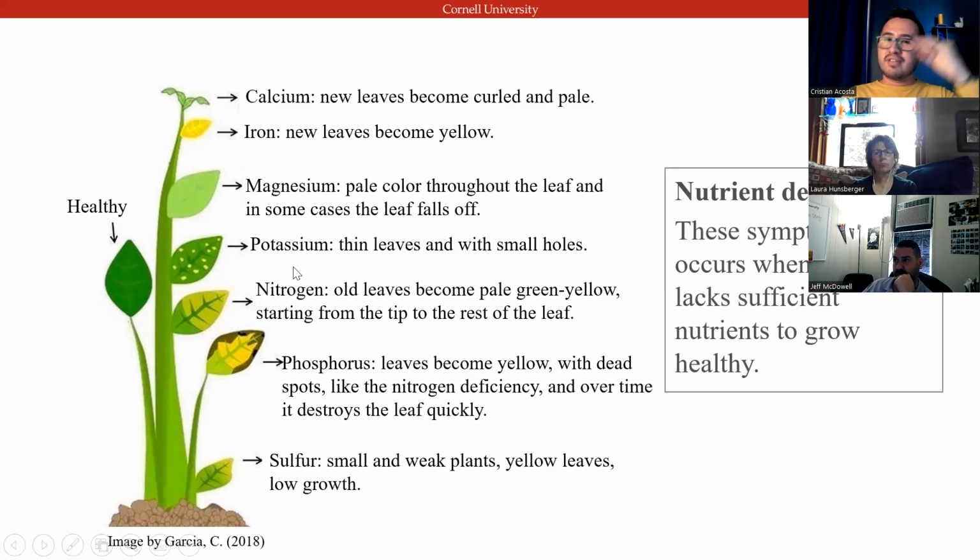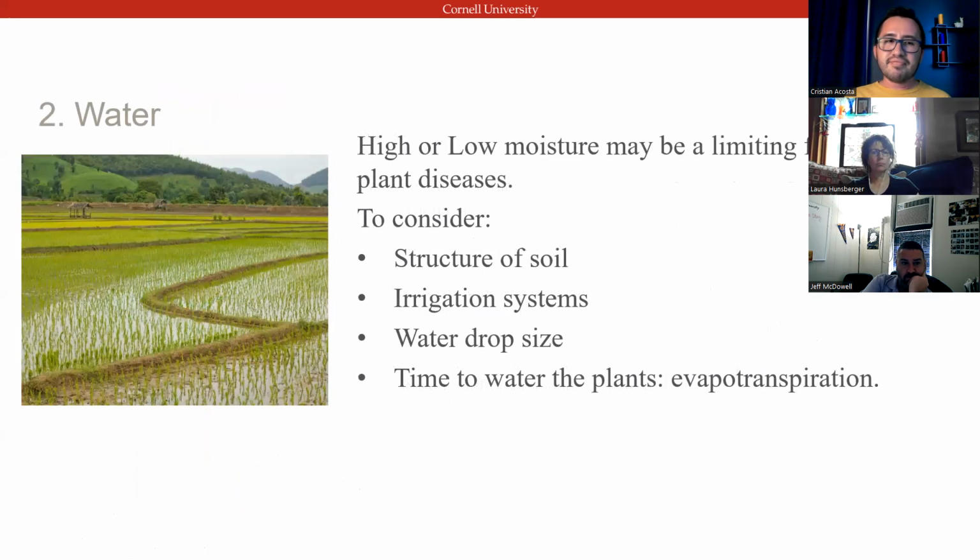This can be a topic for another session, another event. But generally, if we see something like this, the plant has a disease, but in this case, it's not from a microorganism, it's just from the nutrients in the soil.